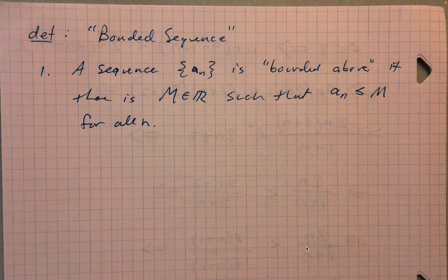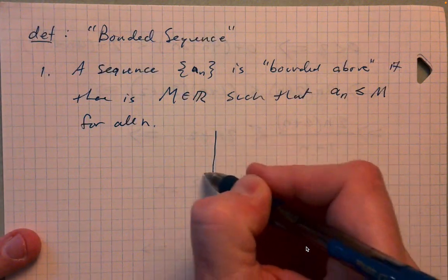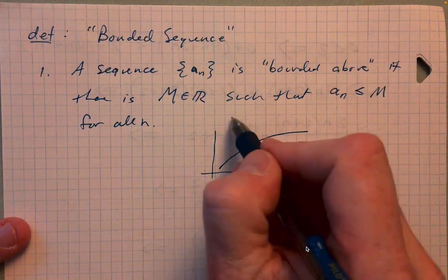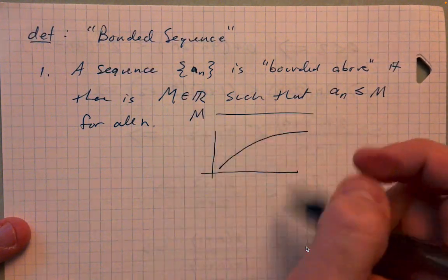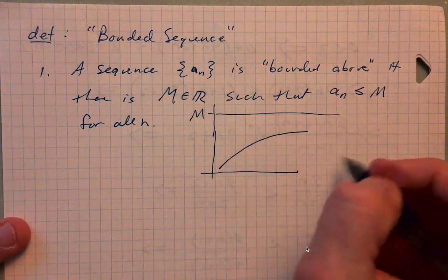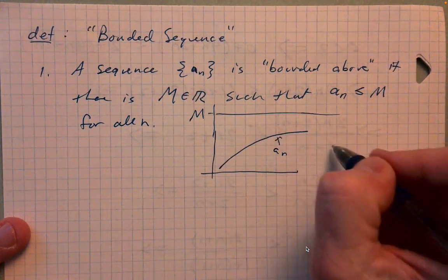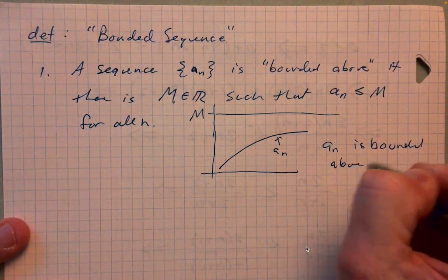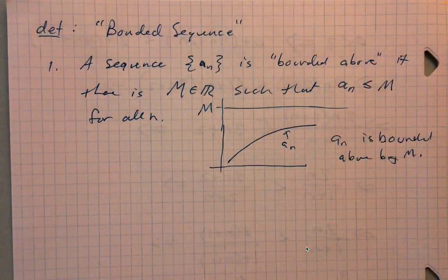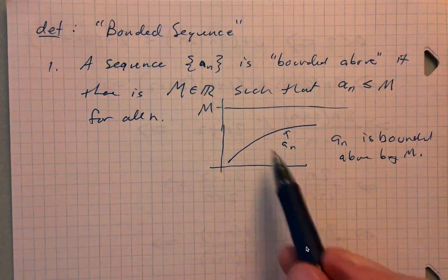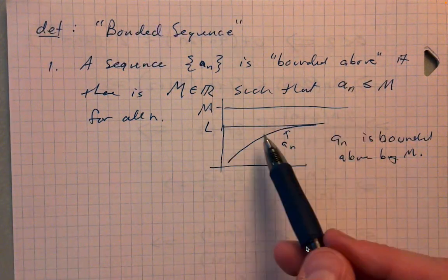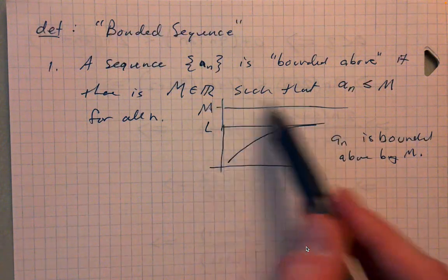It's kind of an obvious, simple definition. Let's say I've got a sequence that flattens out. Somewhere up here I've got an M. So you could easily say that if this is your a_n, then a_n is bounded above by M. It just means that all the terms of the sequence are less than M. If my sequence heads towards some limit L, then clearly this value M is an upper bound.